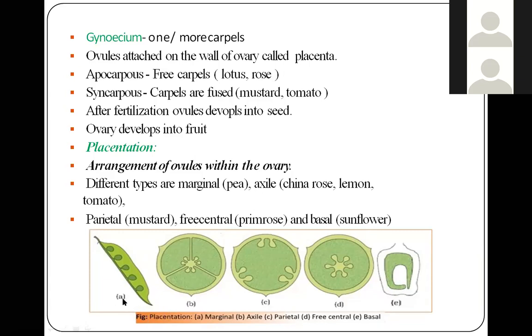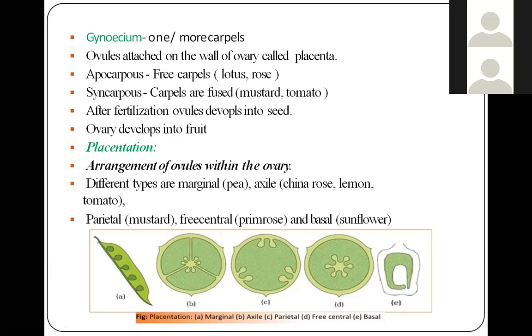Let's see the first one, that is marginal. You see, this is a pea, right? In Gujarati, you simply say patang, right? This pea has a margin, and it is bearing the seeds where I'm showing the arrows. Please keep your eyes on the arrow so that you can easily understand the figure, right?